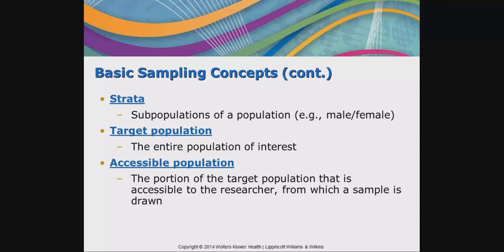There are subpopulations. Then you have the target population, which is the entire population of interest, which is also all RN to BSNs in the United States. Then your accessible population, again, is going to be that portion of the target population, which is all RN to BSN students at UMMC. So you see there's some overlap in these terminologies, but they all kind of mesh together.